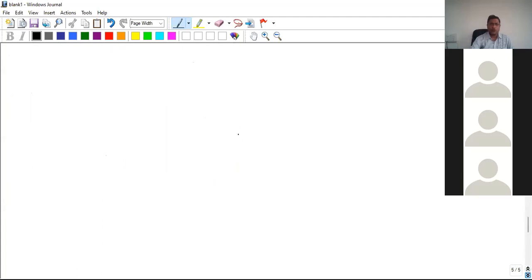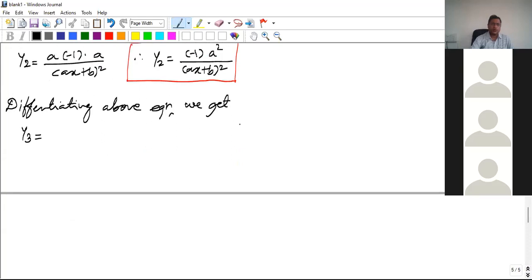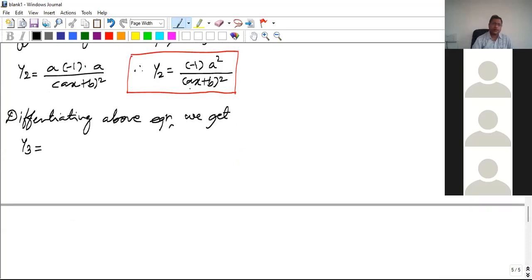We want the third order derivative, so we want to differentiate this function now. We can have minus 1 into minus 2 into a square into a, upon (ax plus b) bracket cube. Are you getting this term?